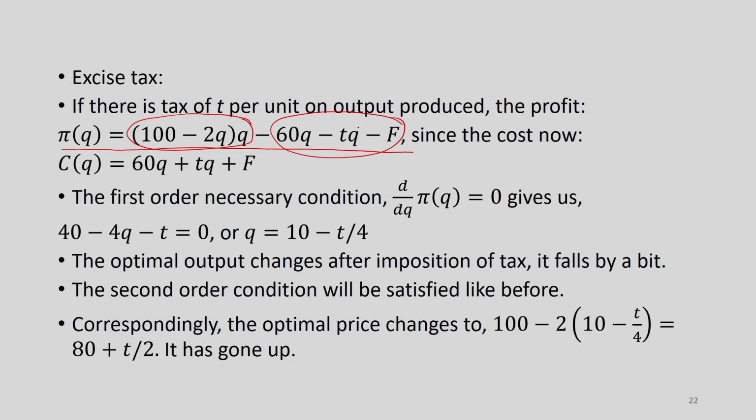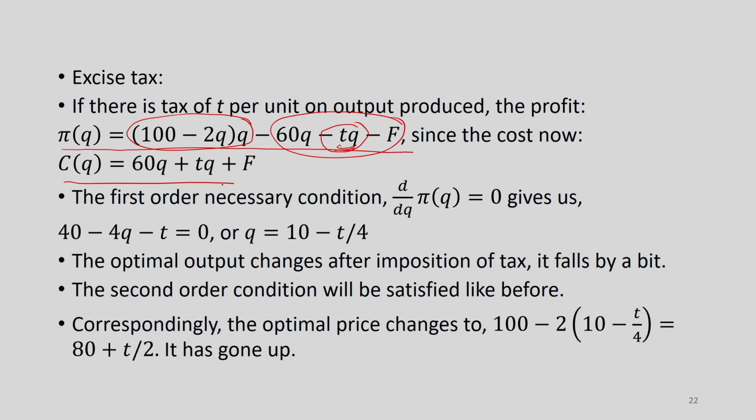As you can see, this is a new term here, minus tQ. t is the rate of tax, and in case of excise tax, the quantity is being taxed. Based on how much quantity the producer is producing, the producer has to pay taxes to the government. So the total amount of tax it has to pay, which is tQ, is a product of the tax rate multiplied by the quantity it has decided to produce.